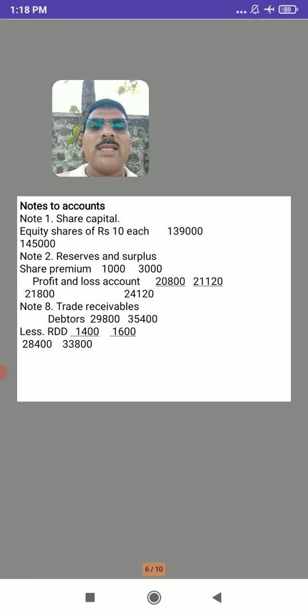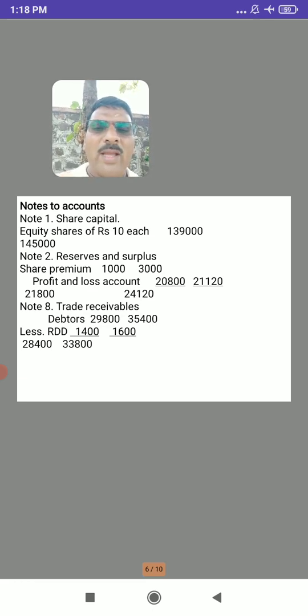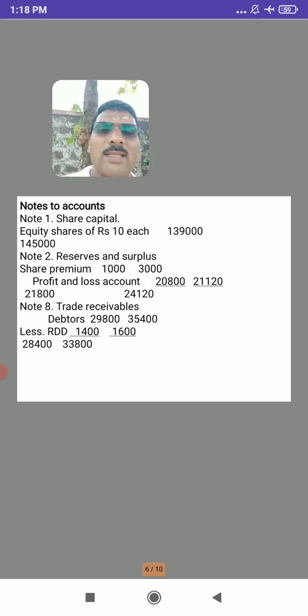In 2016 there is a reserve for doubtful debts of 1,400 and in 2017 1,600. After deducting this RDD we get net debtors, which is considered for the further calculations. So here the net debtors in 2016 is 28,400 and 33,800 in 2017.